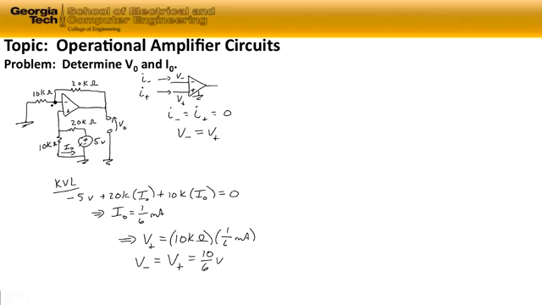Then we can use Kirchhoff's current law at that node. Let's call it node 1. We're going to sum the currents into that node in order to find an equation which has Vout as the unknown. We have the current through the 10 kilo ohm resistor flowing from left to right.